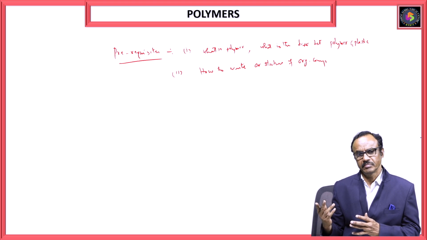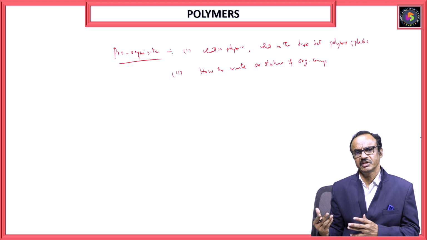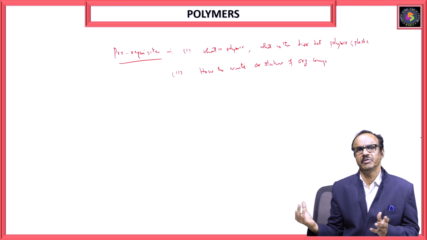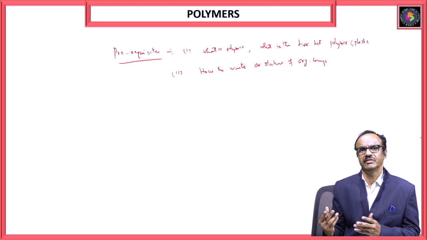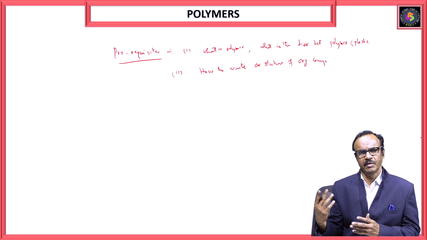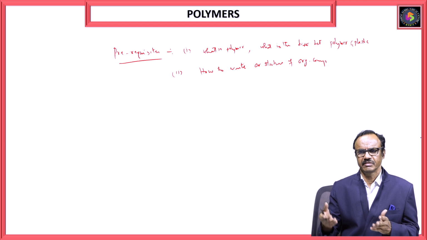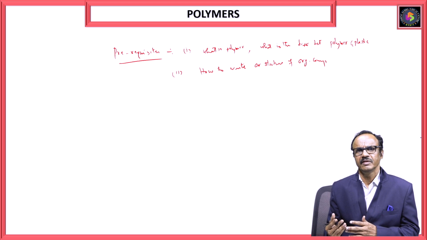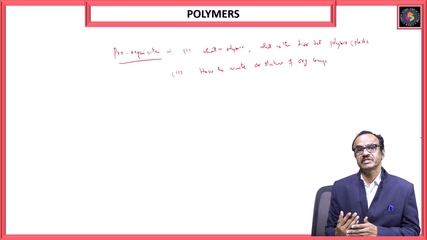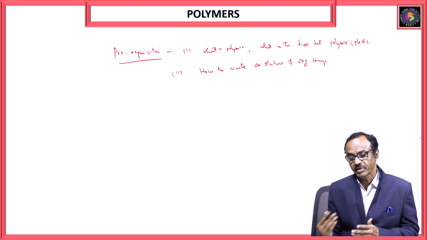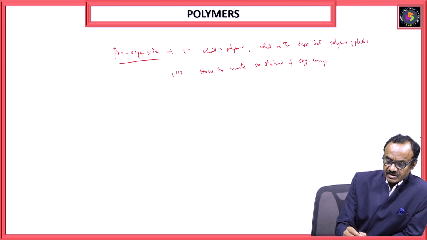Without plastic materials, like bucket, pen, TV cabinets, it will be difficult. All plastics are polymers, but all polymers are not plastics. Right. Next, classification.